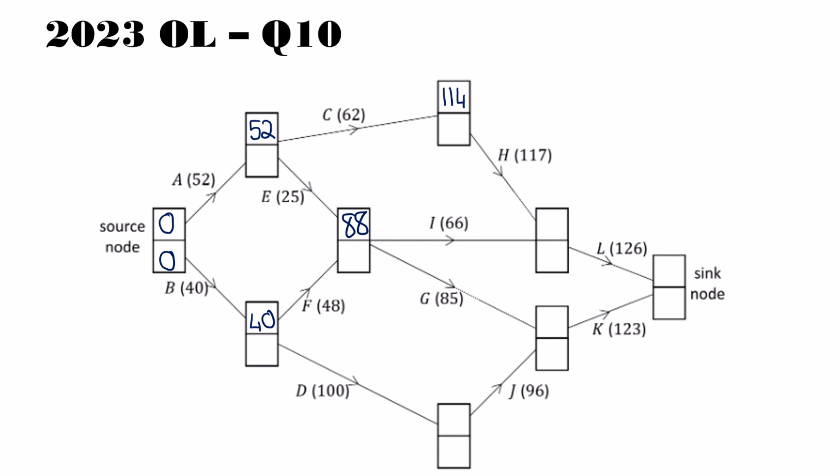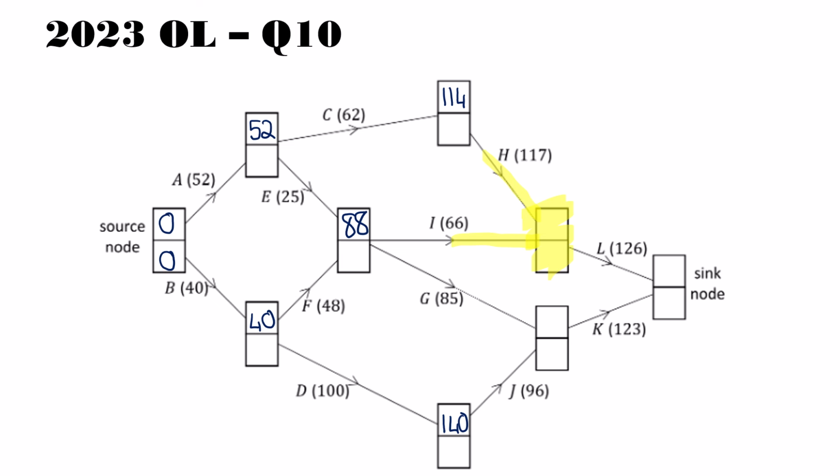So the next one I'm going to look at is activity D. That's 100, so it's going to get us to 140. The next node I'm going to look at is this one here. And again, there are two options feeding into it. My first option is 117 added to the 114.